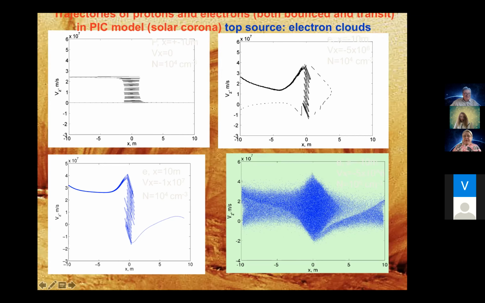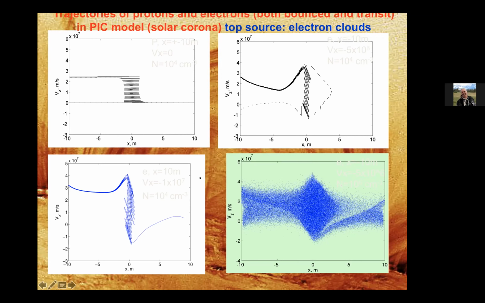These are electrons, which accelerate much quicker: the acceleration time is 10^-7 seconds, for protons 10^-3, 10^-4. Therefore, electrons accelerate quicker and try to get away, but they cannot, and they create a cocoon around the midplane, which is seen as a top loop source in solar flares.